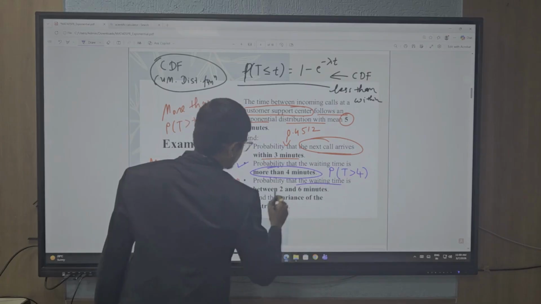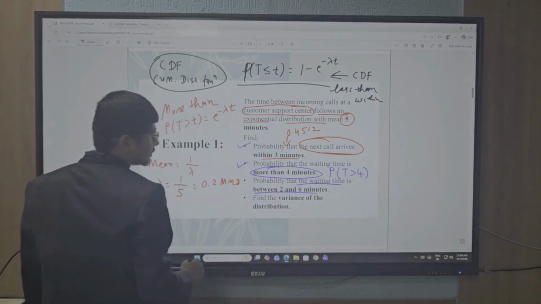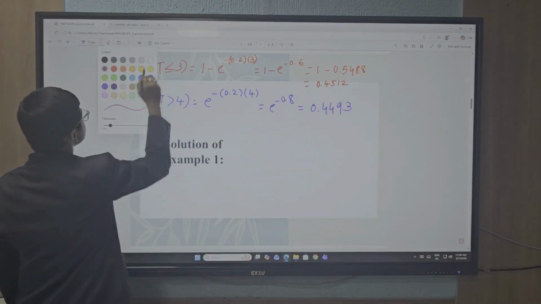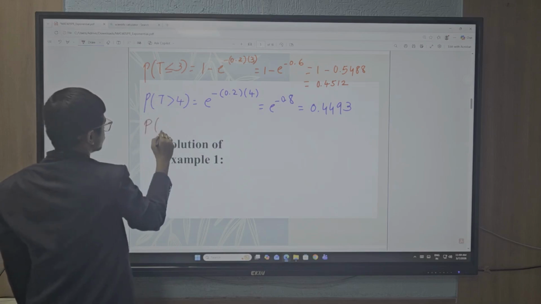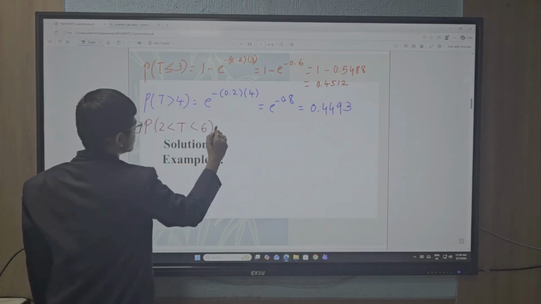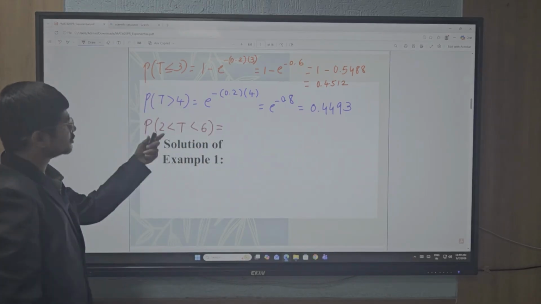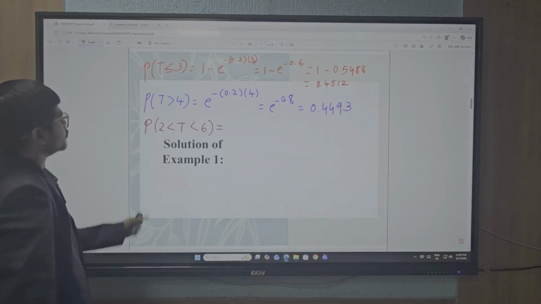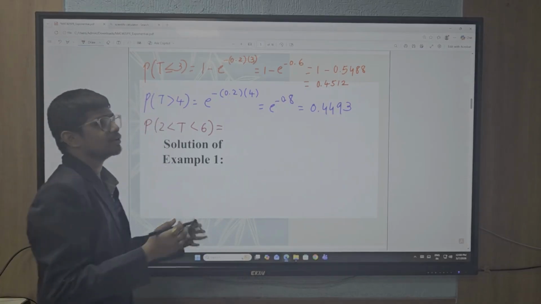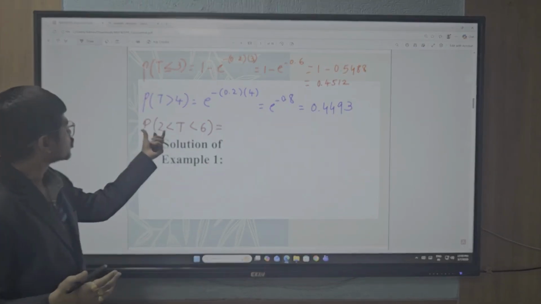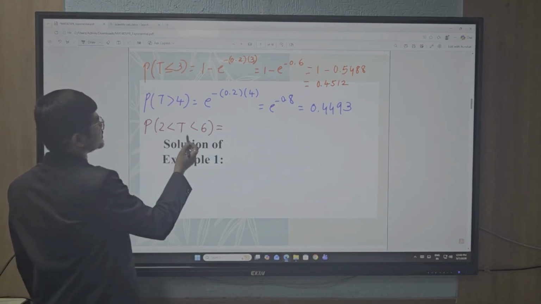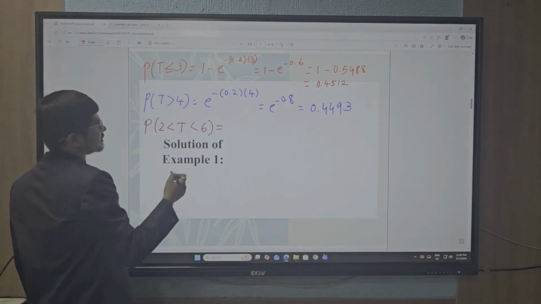Now the probability that the waiting time is between 2 and 6 minutes. Between 2 and 6 minutes means greater than 2 and less than 6. How can we do this? We can do it in separate form: 2 is less than T and T is less than 6.